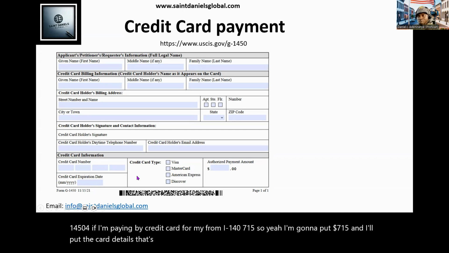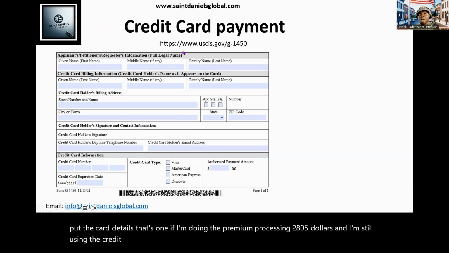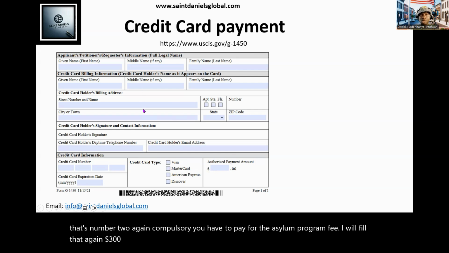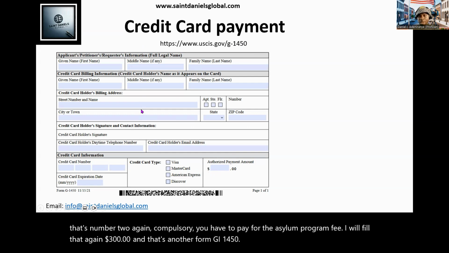If I'm doing a premium processing, $2,805, and I'm still using the credit card, I will fill another Form G-1450 and I put the amount $2,805, and that's number two. Again, compulsorily, you have to pay for the Asylum program fee. I will fill that again, $300, and that's another Form G-1450. That's what I will advise.